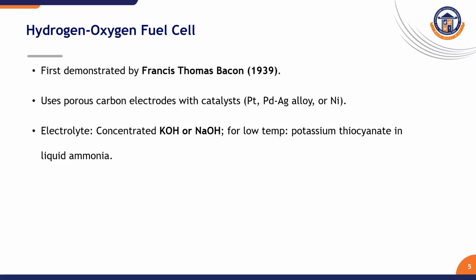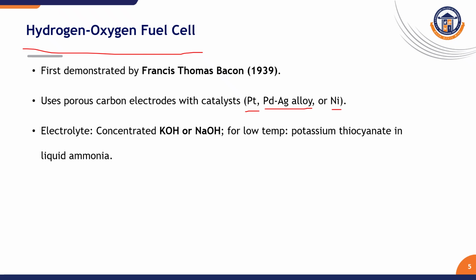Then we see the hydrogen oxygen fuel cell. It was first demonstrated by Francis Thomas Bacon in 1939. It uses porous carbon electrodes with catalysts. The catalysts he used are platinum, palladium-silver alloy or nickel, used with the porous carbon electrodes.